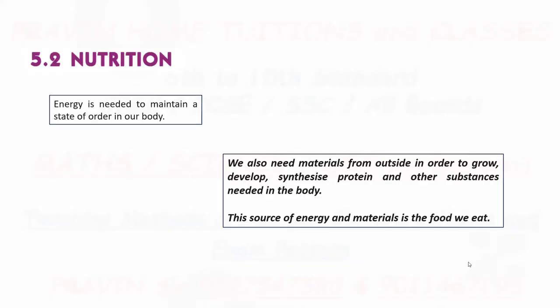Now, how do living things get their food? Some living things use simple food material obtained from inorganic sources in the form of carbon dioxide and water. These are the autotrophs, and they include green plants and some bacteria.